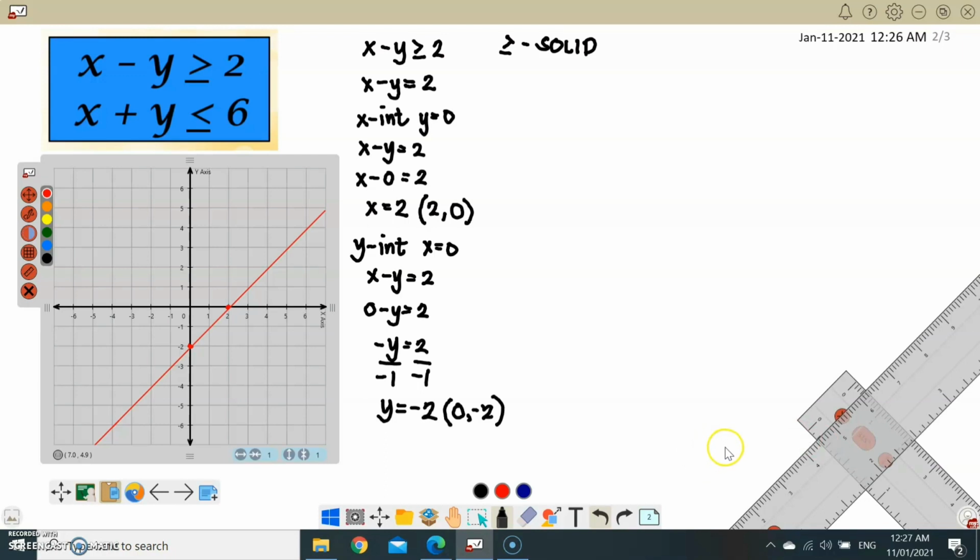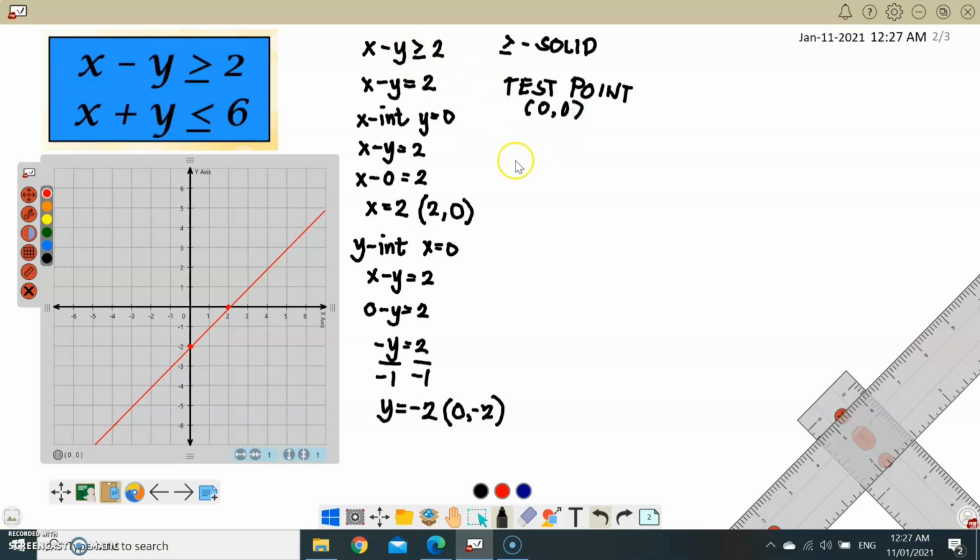Next is to choose test points in order for us to determine which half plane are we going to shade. Is it the half plane above the boundary line or the half plane below the boundary line? Commonly, the origin is used as a test point. And what is the coordinate of the origin? That is 0, 0.